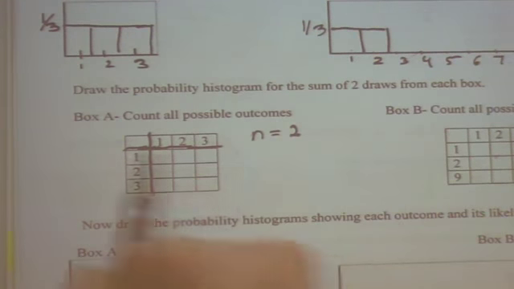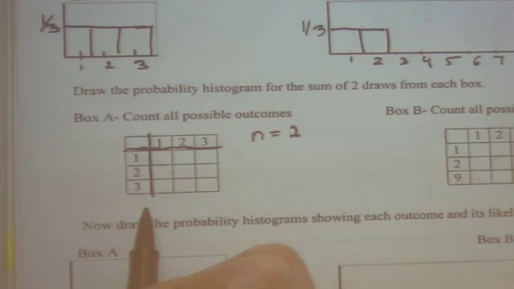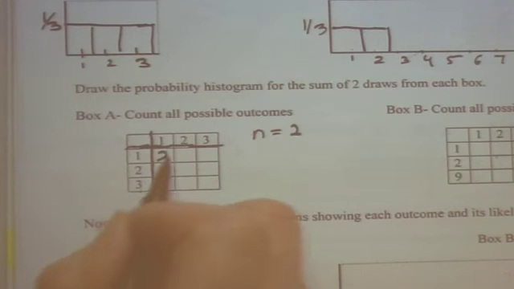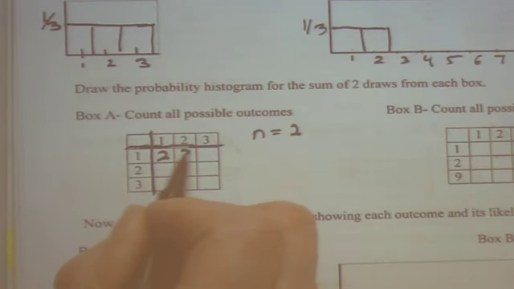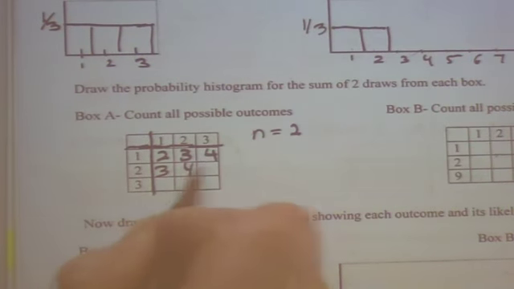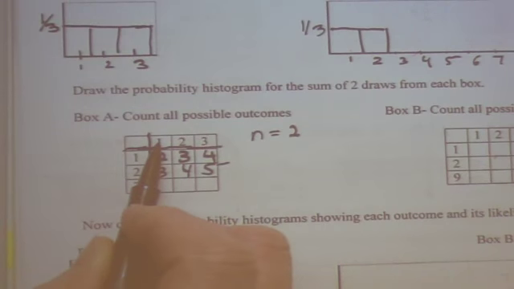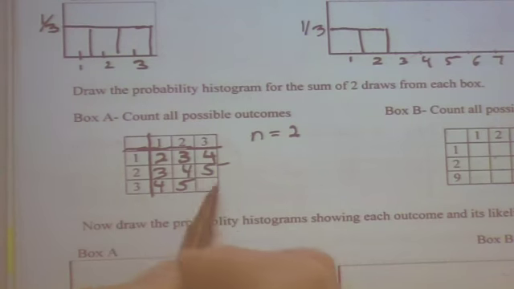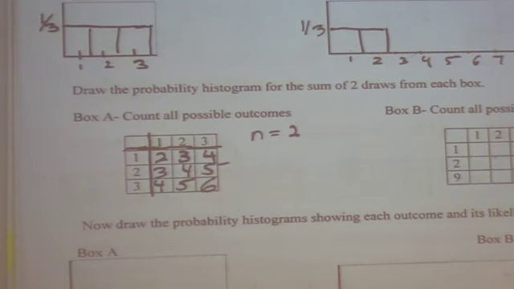There's 9 possibilities because it's 3 times 3. So what can we get? Well, we've got 2, 3, 4, 3, 4, 5. We can get first a 1 and then a 3, that would give us a 4, a 5. And the highest we can get is if we've got 2 3s, and that's a 6.